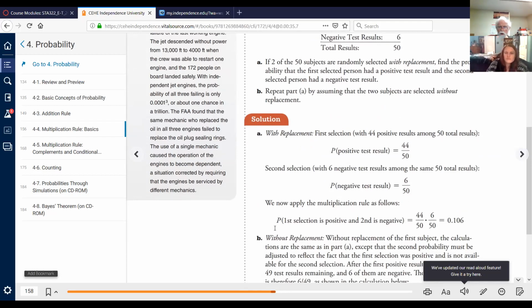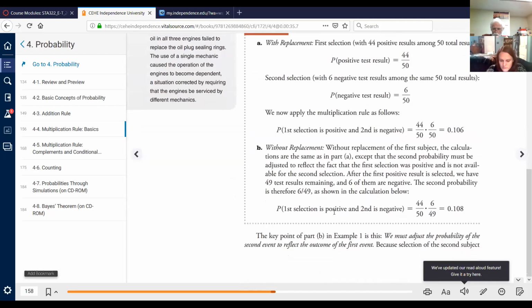So the chances of getting the first as a positive and the second as a negative, we multiply those together. So again, that turns out to be about a 10.5% chance of that result. Now this, without replacement and with replacement, happens if you don't pull.